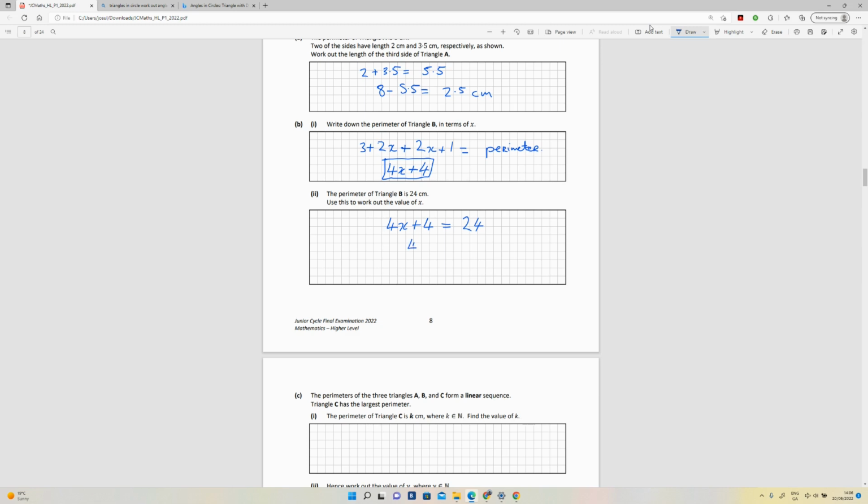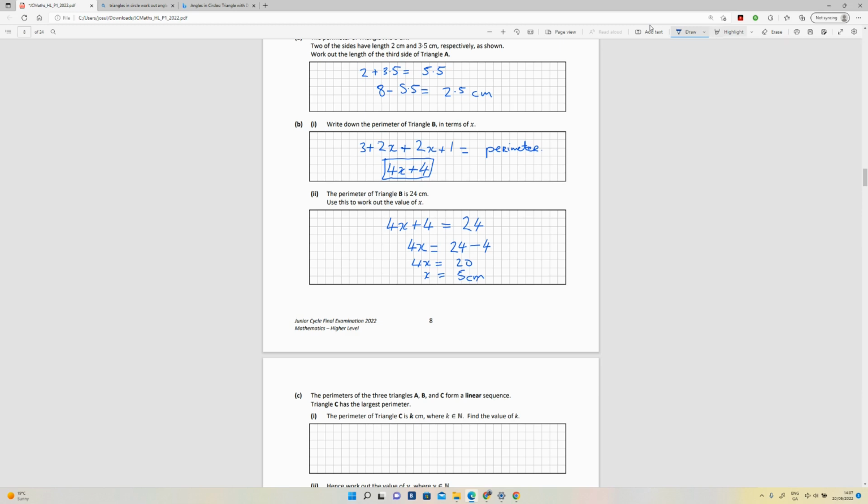So simplifying, bringing x to one side by itself. So we've got 24, subtracting 4 from both sides. 4x is equal to 20. Therefore, x is equal to 5 centimeters.